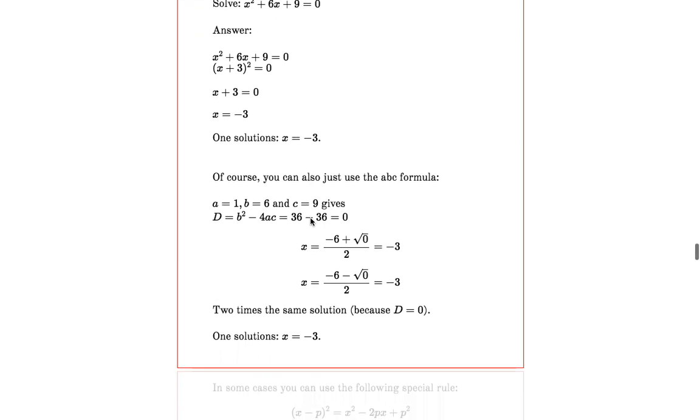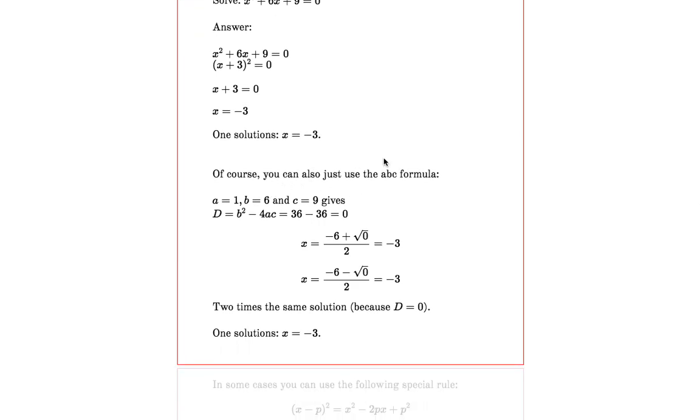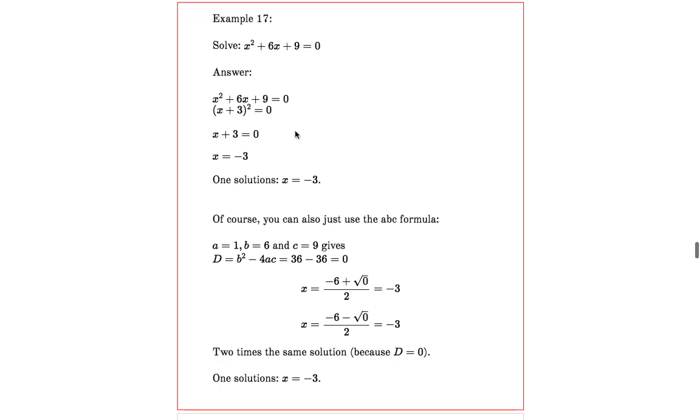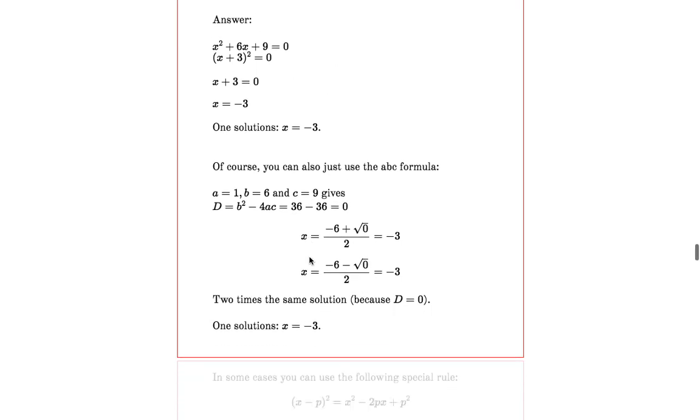One solution. We can also use the ABC formula with a is 1, b is 6 and c is 9. We get b squared minus 4ac is 36 minus 4 times 1 times 9, which is 0.